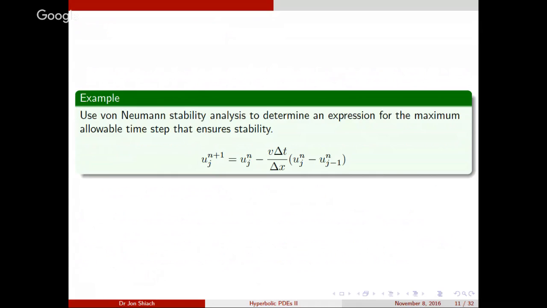That just gets rid of those two. That one just disappears to 1. Those two disappear, so I'm left with e to the minus ik delta x. Okay, let's start to look a lot simpler now.